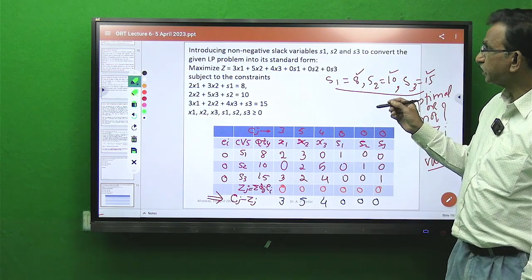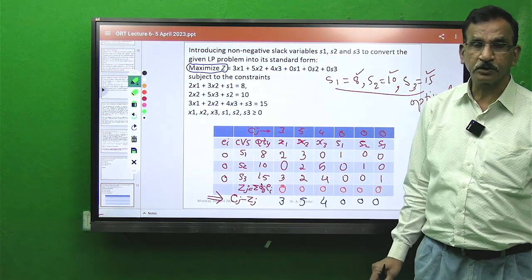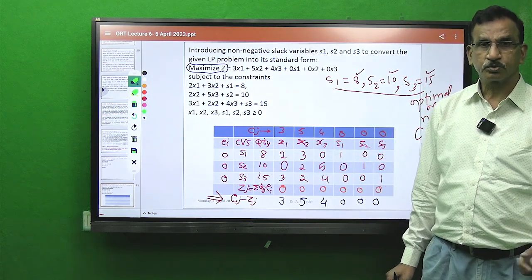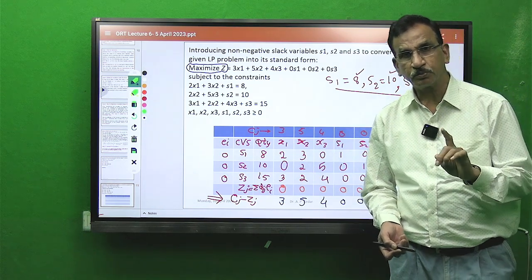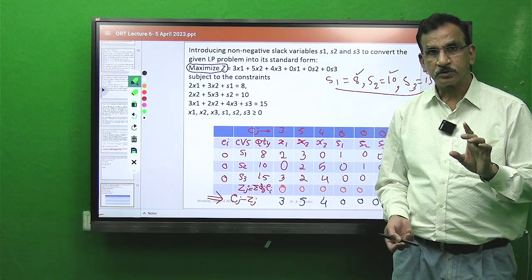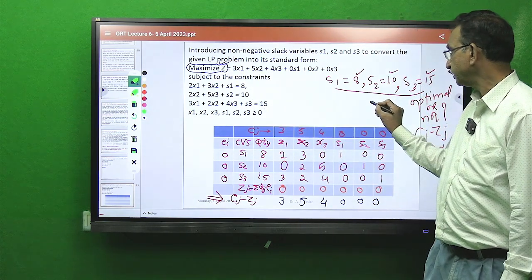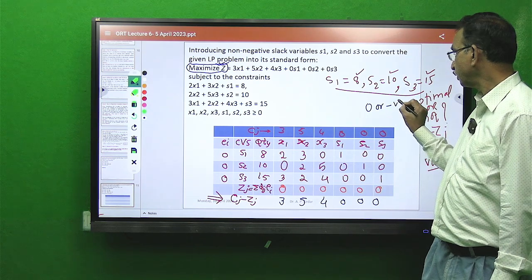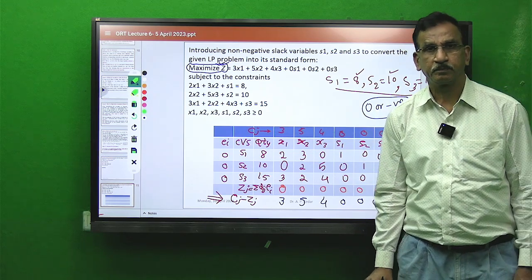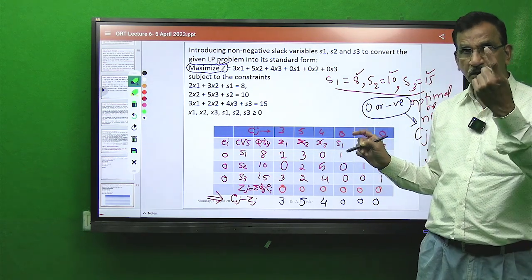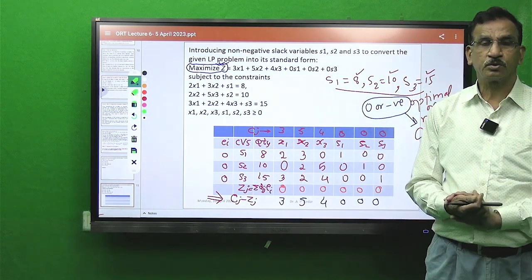Now if you concentrate, our objective function is maximize, and we have seen the condition in the last lecture for the solution to be optimal. For a maximization problem, all Cj minus Zj row values have to be 0 or negative. That was the condition for the solution to be optimal. If there is any single positive value in this row, the solution is not optimal.